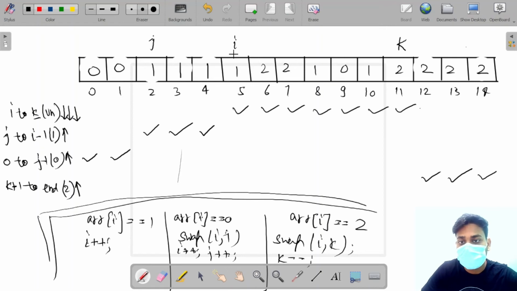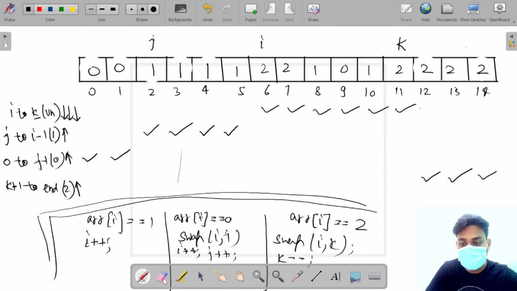Now again AR of I equal to 1, we simply increase the region of 1 by doing I plus plus and decrease the unknown region. Unknown region decreases and the region of 1 increases. So here what is happening? AR of I equal to 2.